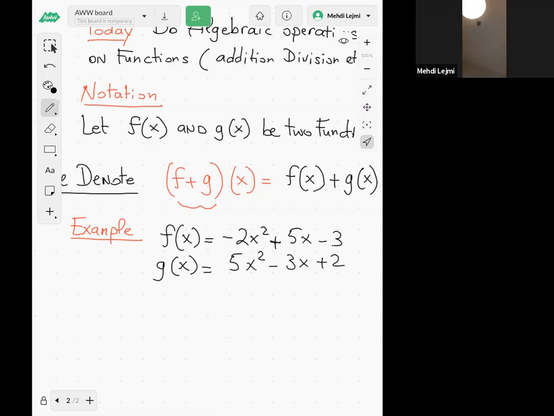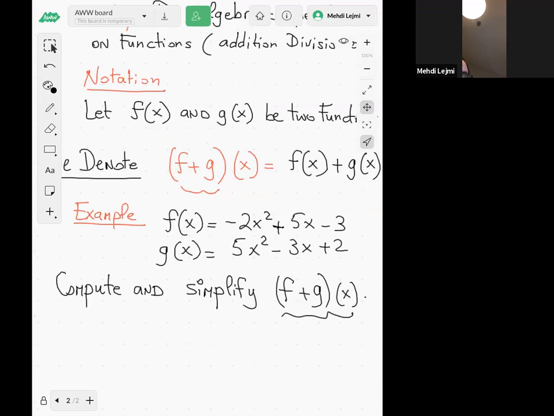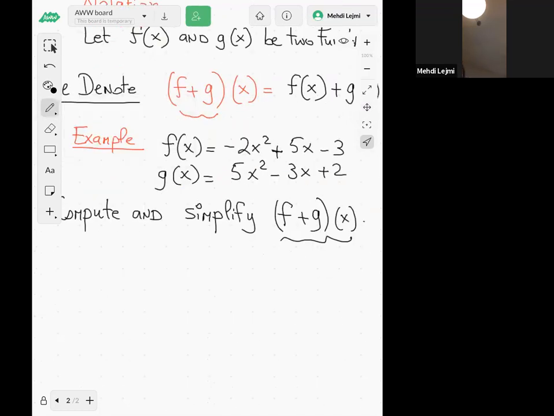What we have to do here is compute and simplify f plus g of x. What do I mean by this? It means the sum of the function f with the function g.